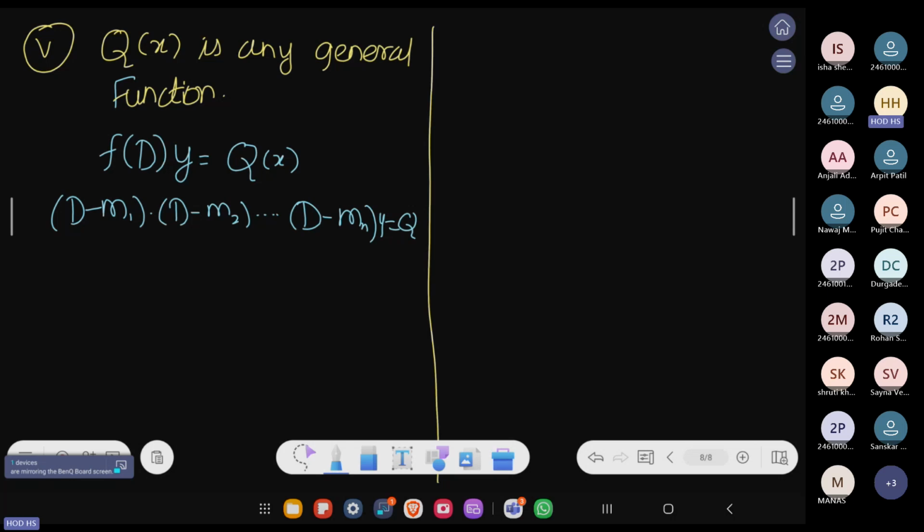We can expand them. Now I can calculate my y. I need to take the product of j going from 1 to n, 1 upon d minus mj of q. I'm just writing down in the shorthand notation.